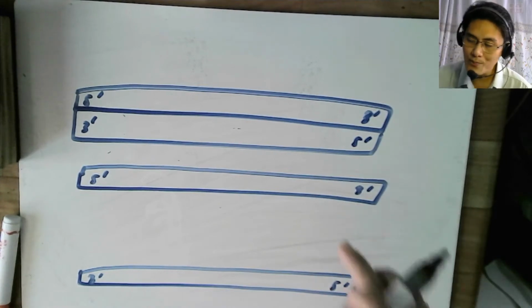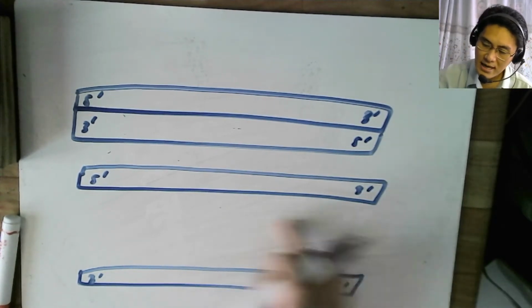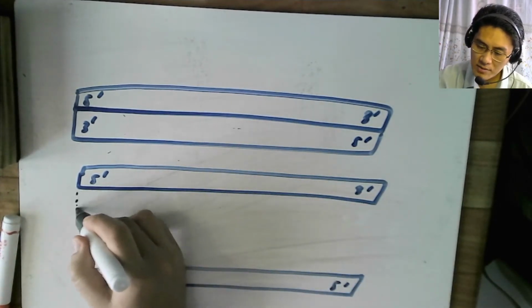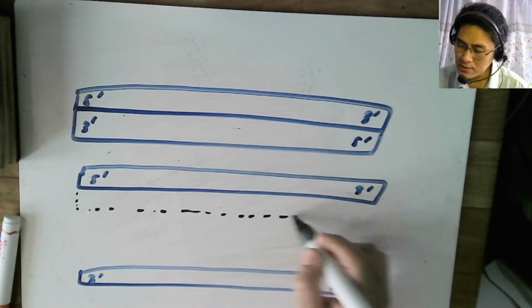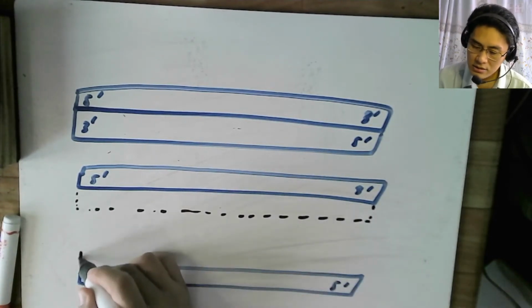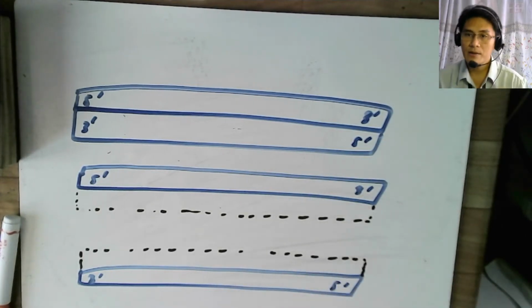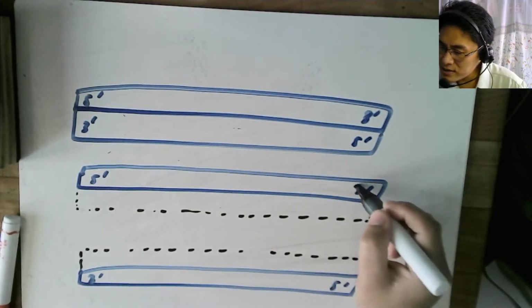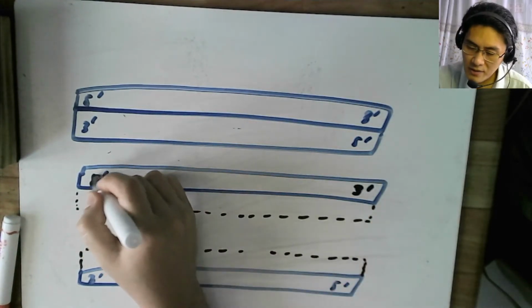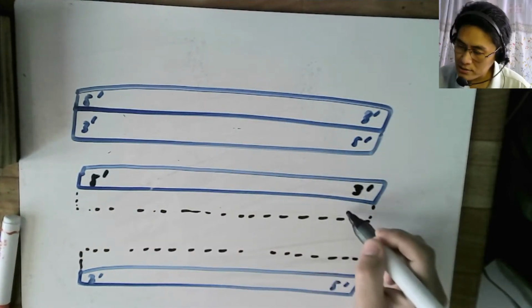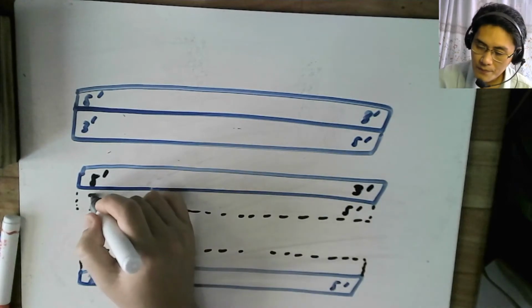When you build the second half, the missing half, let's put some dot dot dot just to know that this half is still missing and you are building it out. If this is 3 prime and that's 5 prime, therefore what you will build is 5 prime to 3 prime.